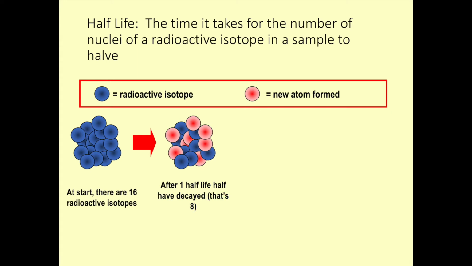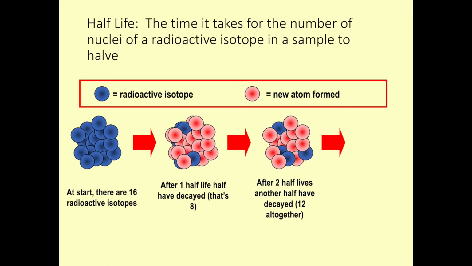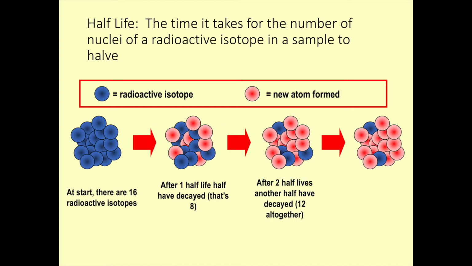After another half-life, half of the 8 remaining radioactive isotopes will decay, leaving 4, and you will have had 12 altogether that have decayed. Then going from those 4, halving again for another half-life, you're left with 2 radioactive isotopes and 14 altogether that have decayed to that point.